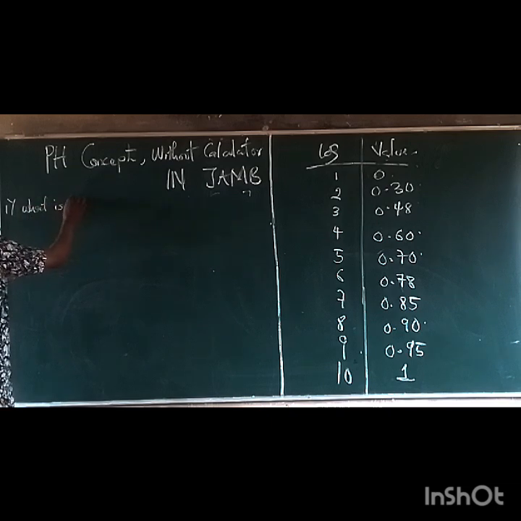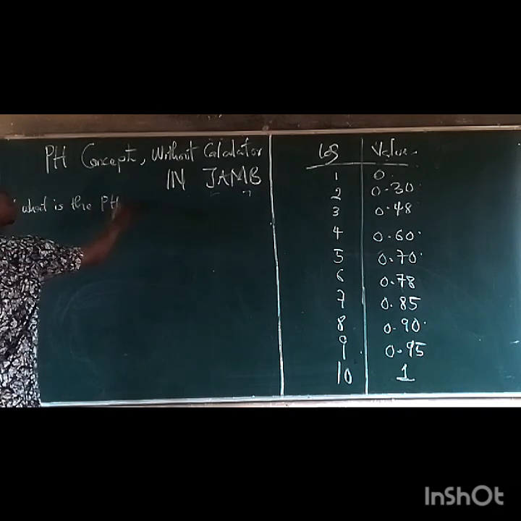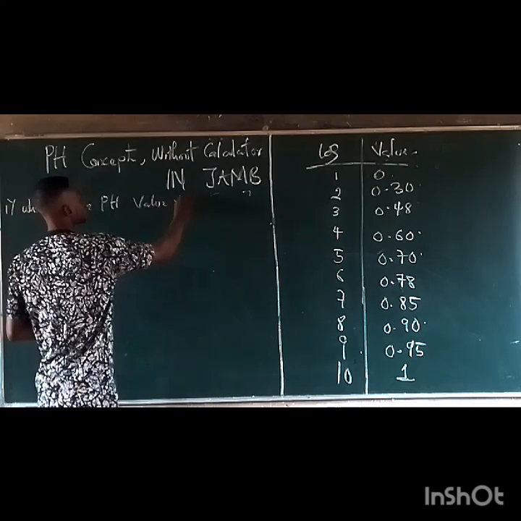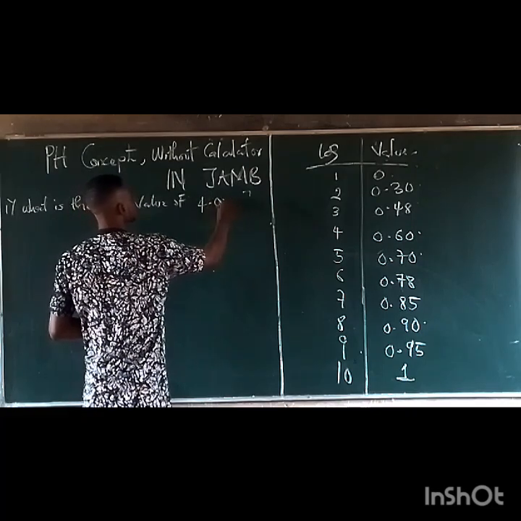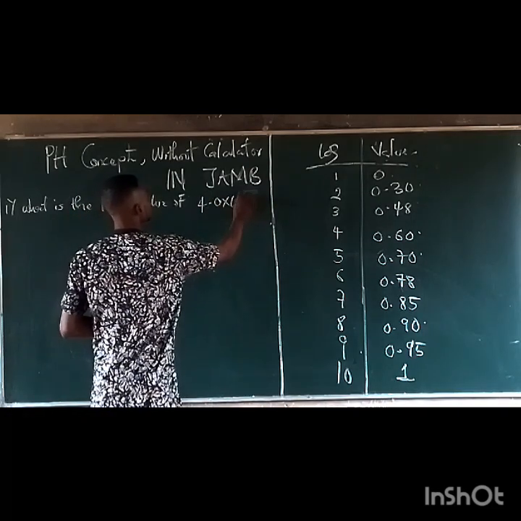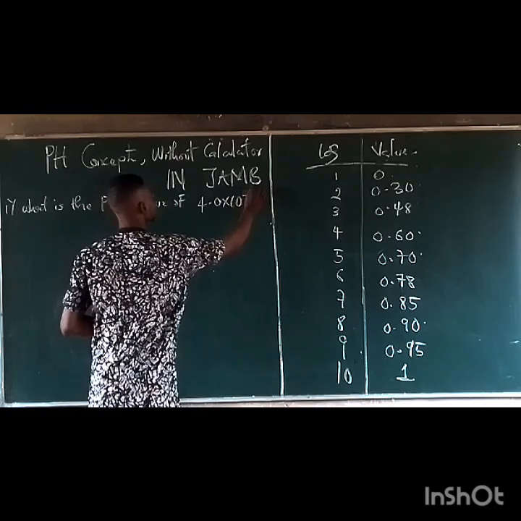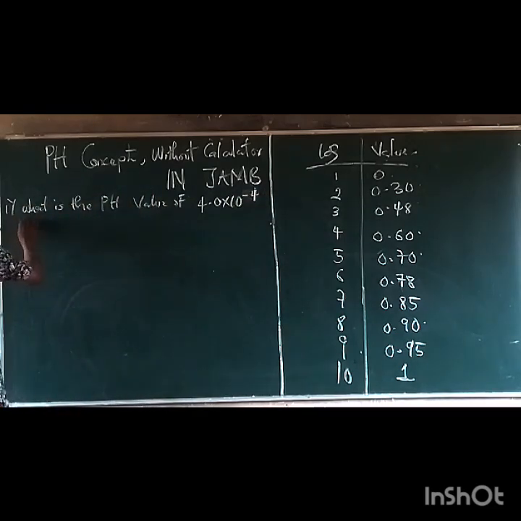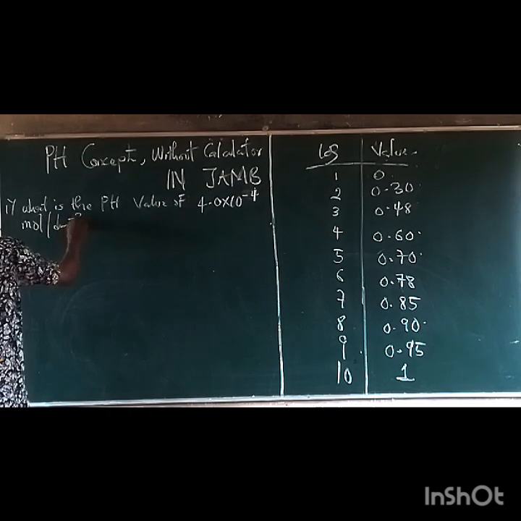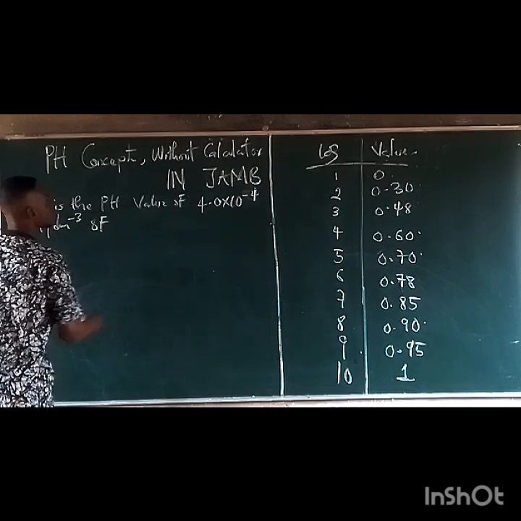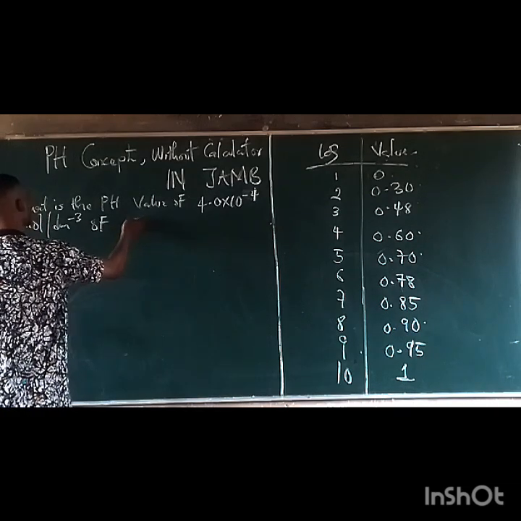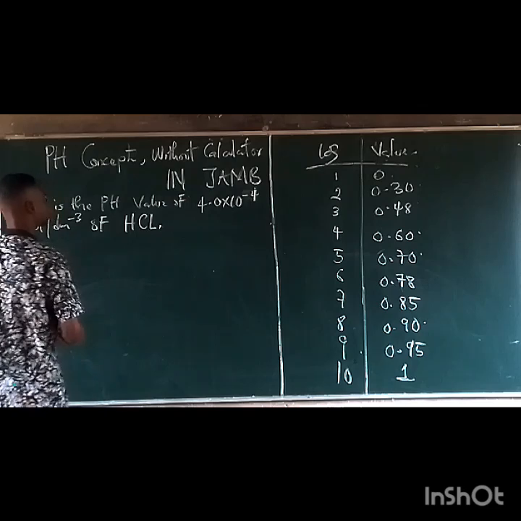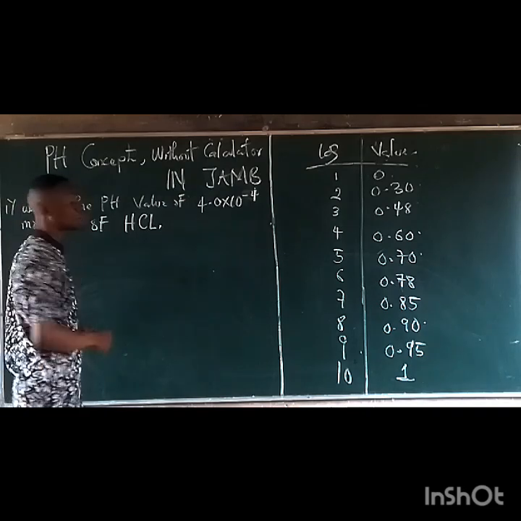What is the pH value of 4.0 times 10 raised to the power minus 4 mole per dm cube of hydrogen chloride?